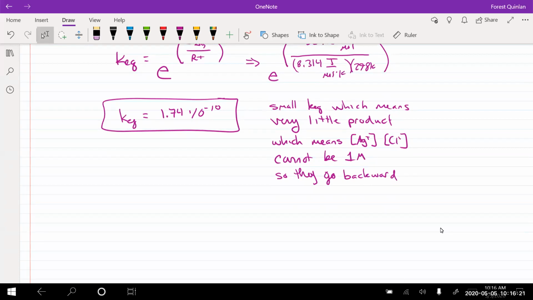Somebody go back and tell me, what did I tell you the KSP for silver chloride was? Somebody flip back in their notes. 1.8 and... Yep. Right.